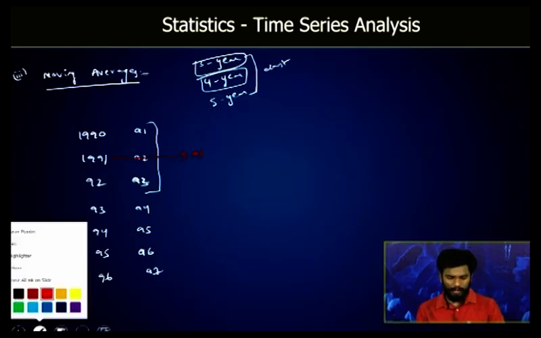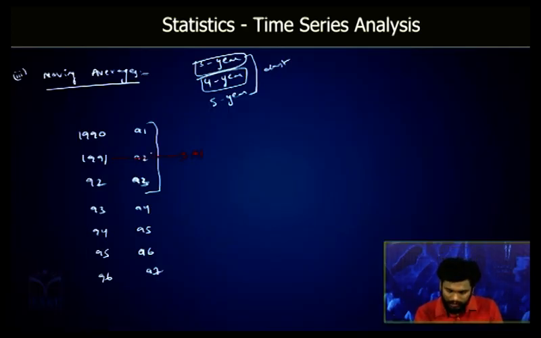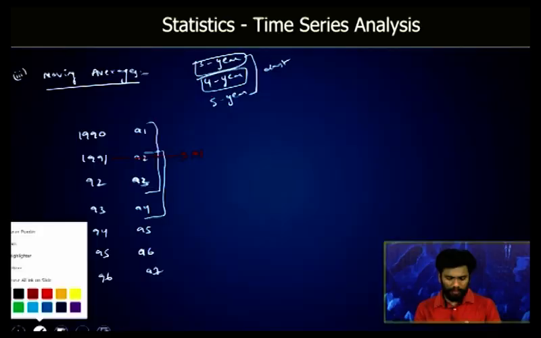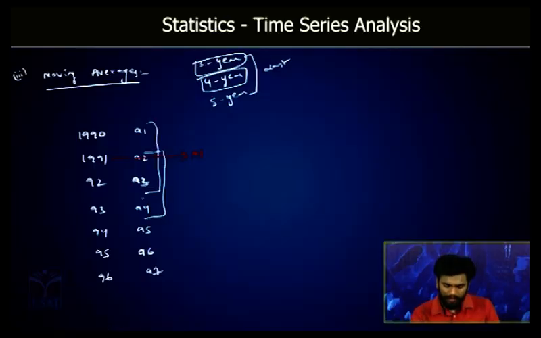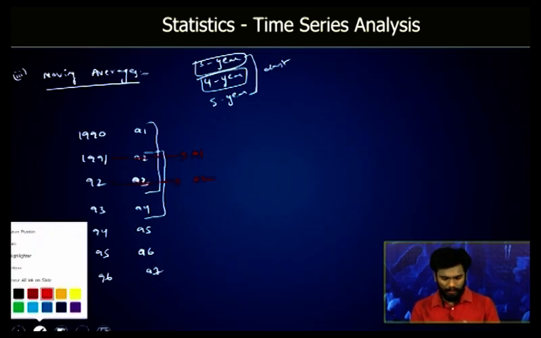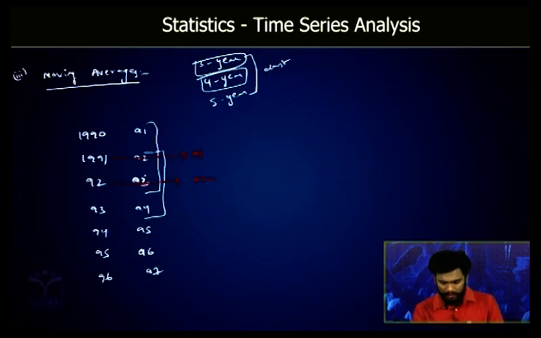Now I will find the average of the next 3, that is A2, A3 and A4, and assign that average to the middle year, 92. Again I will find the average of the next 3 numbers, A3, A4 and A5, and assign that value to the middle year, that is 93.